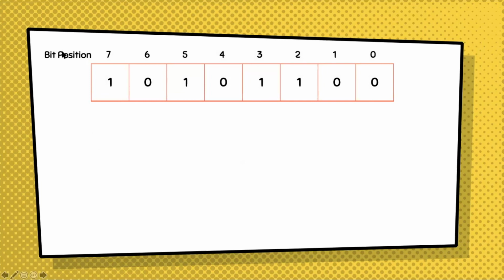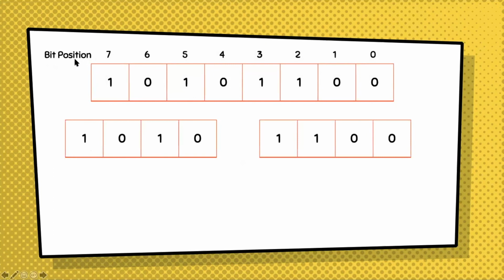If you have bits with bit positions from 0 to 7, like 1 0 1 0 1 1 0 0, the way it converts from bits to a byte is that it will first look at the higher first 4 bits, and then you will get a hexadecimal value, or we'll just call it hex for short.